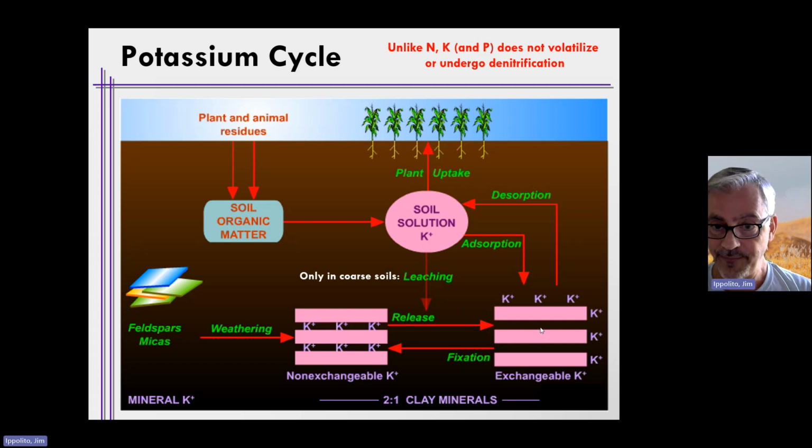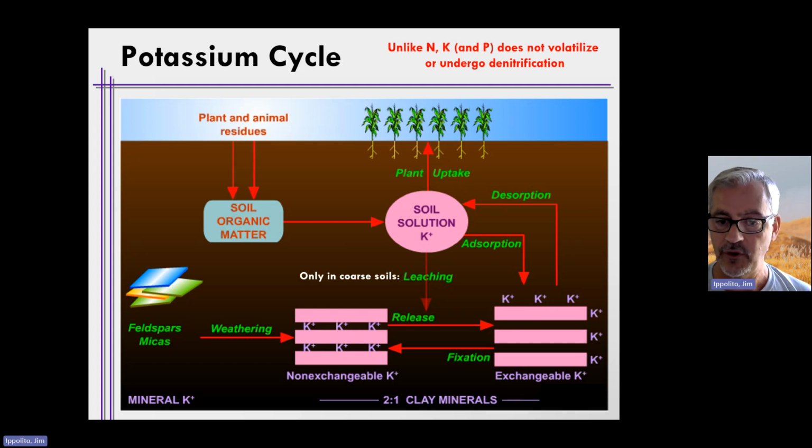So in soils, disregarding what I just stated, how does potassium end up on the exchangeable phase? Well, potassium ends up on the exchangeable phase from potassium that's released from the non-exchangeable phase. This is potassium that's locked up in the interlayers of 2-to-1 type clays.